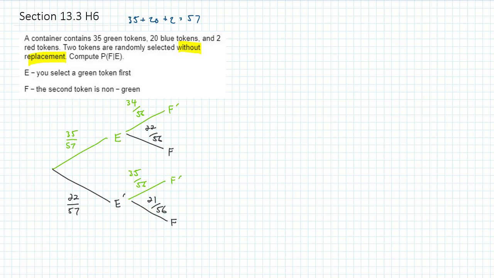So now that I have everything labeled here, I can go ahead and think about exactly what I'm trying to find. Remember, they asked me to find the probability of F given E. So the given E is that you select a green token first, and then the second part of that is that the second token is non-green.